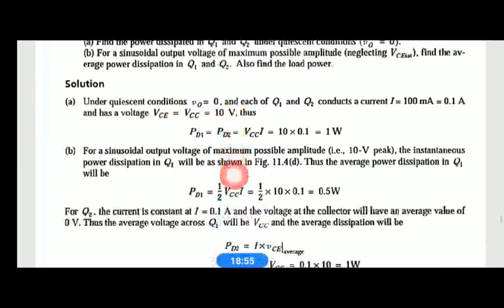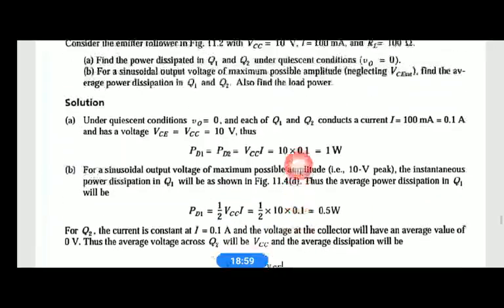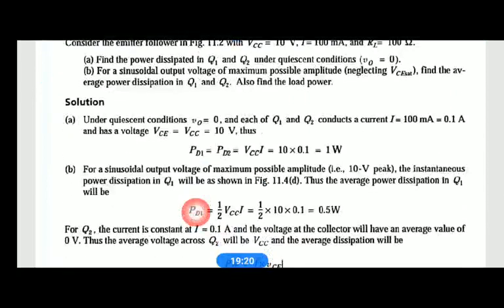So here you can clearly see one more thing in this problem, that the VCC value is given, and VCC is nothing but the maximum VCE, where VCE is our output voltage. We are considering the maximum output voltage, which means the peak voltage, which is VCC.